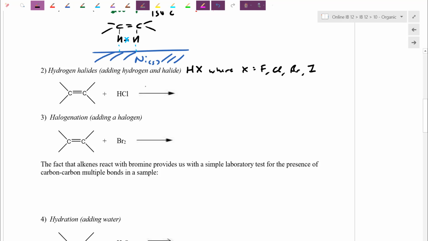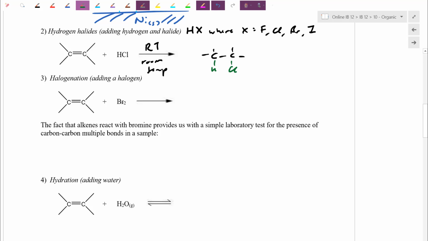So usually we just say RT, which stands for room temperature. Essentially the same thing: the carbon would convert its double bond to a single bond, and we've added the HCl across that double bond. So we ended up forming a chloroethane. I've just picked up the hydrogen halide.